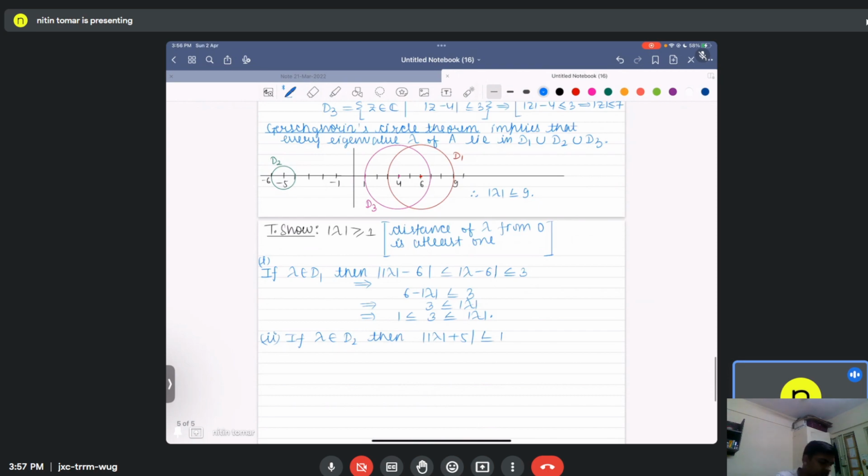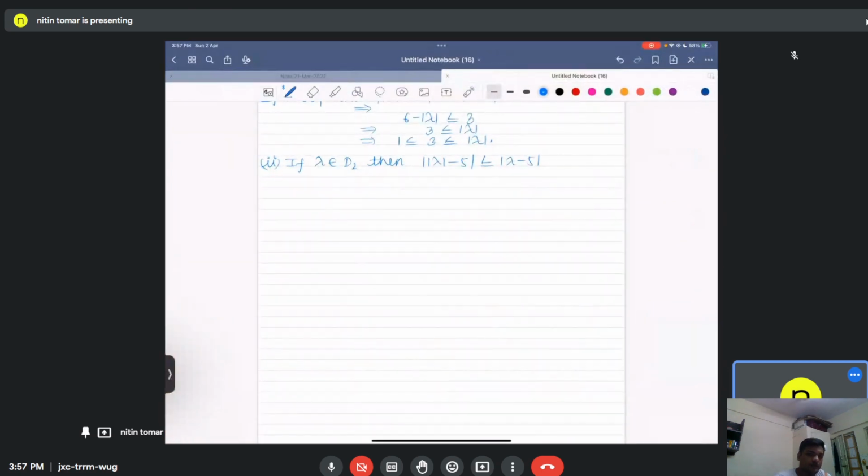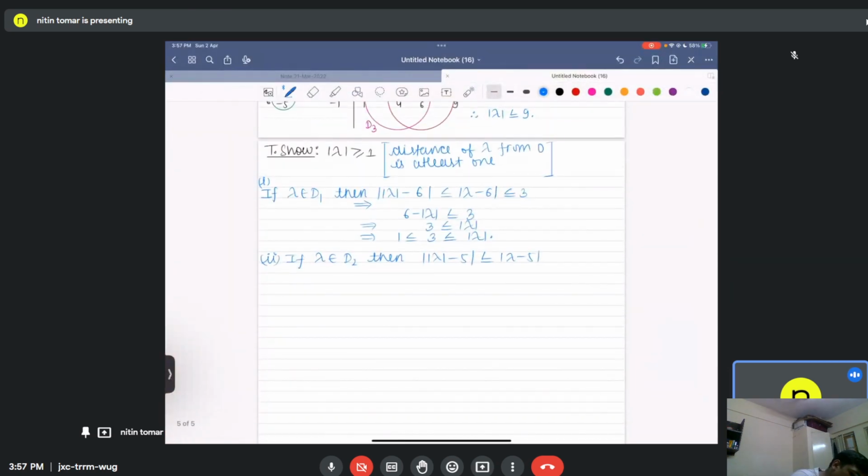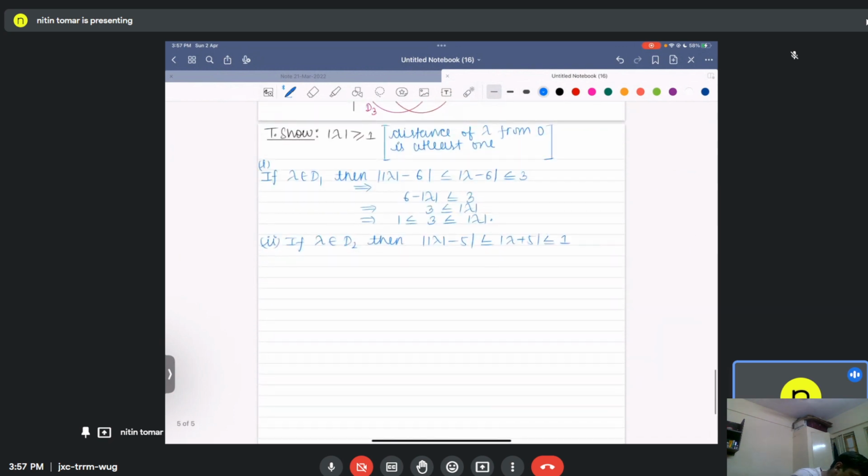It is given to be less than or equal to 1, right? So what does it imply? 5 minus mod lambda is at most 1. So this implies 4 is greater than or equal to mod lambda, and because 1 is always less than or equal to 4, this follows. And similarly, now you know how to prove it for D3.